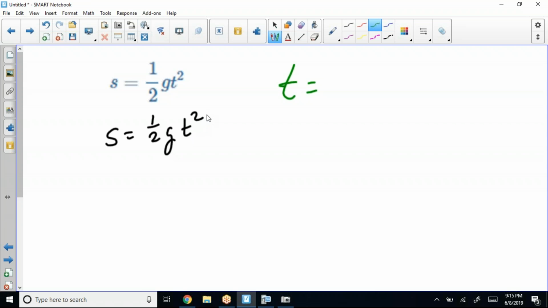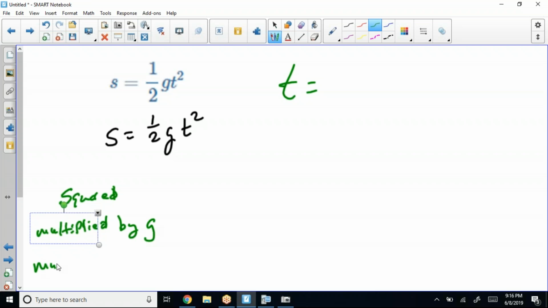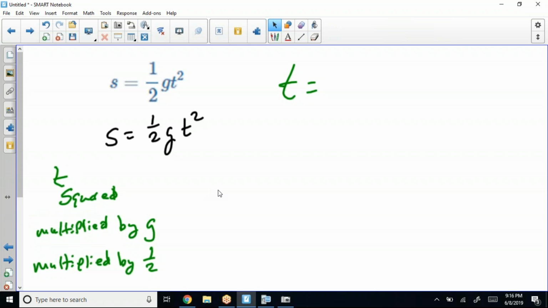First off, t is being squared. Then it's being multiplied by g, and it's also being multiplied by 1/2, right? Yes, sir. So that's all that's happening to t, right? You agree? Yes, sir.